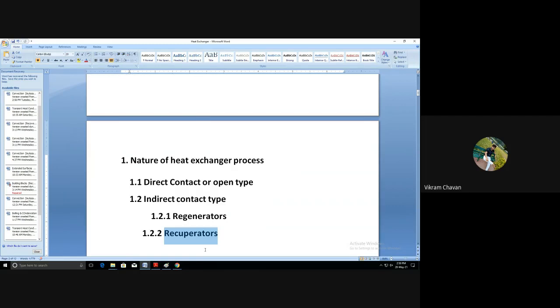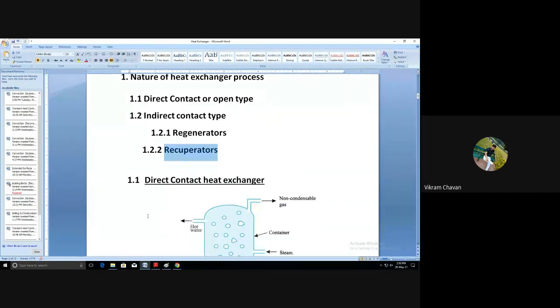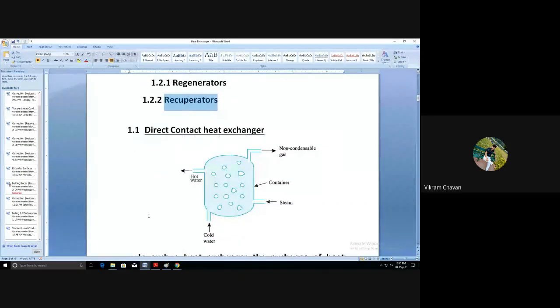So we'll discuss first, in the nature of heat exchange process, the first classification: direct contact or open type of heat exchanger. You'll understand better from an example.